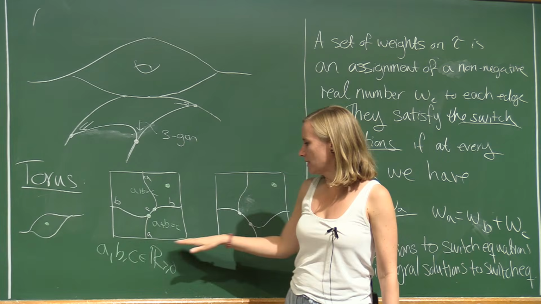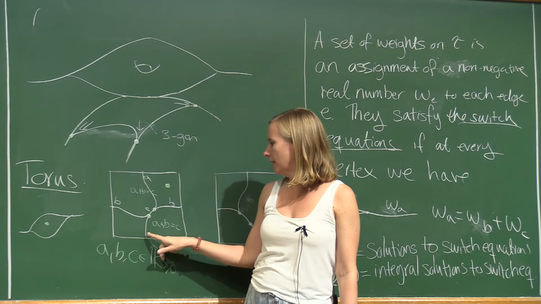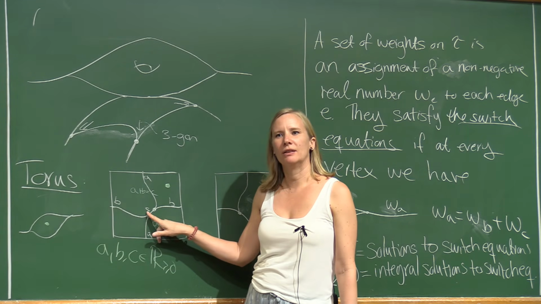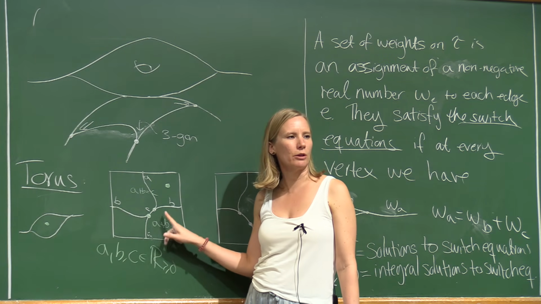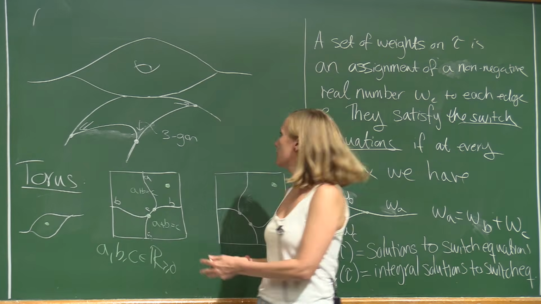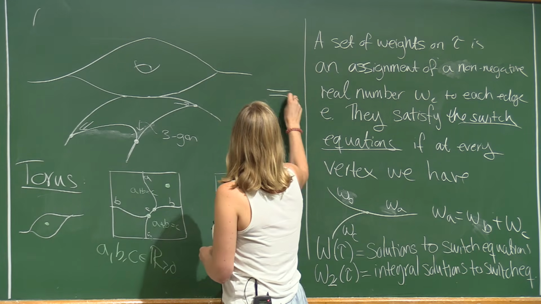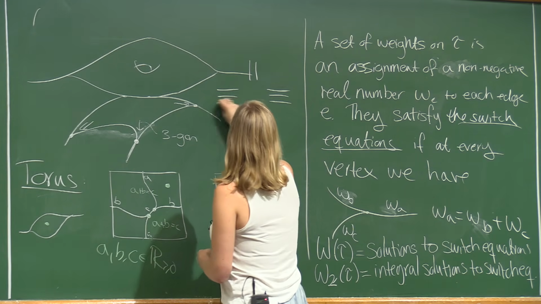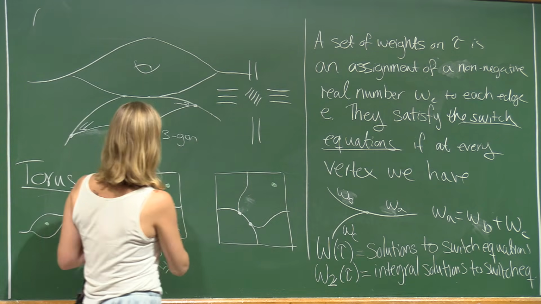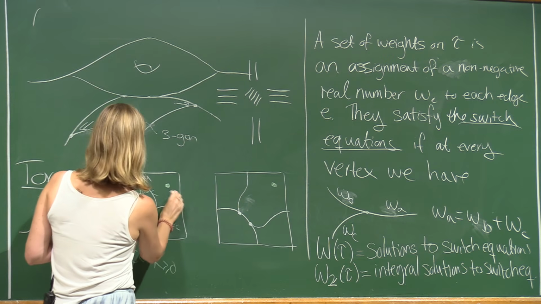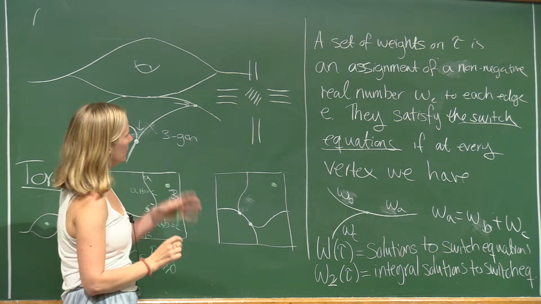But really, if these are all integers, suppose it's maybe 2 and 3 and 5. What it's going to mean is wherever you see a 2, draw 2 strands. Where you see a 3, draw 3 strands. So maybe like 3, 2, and 5. Looks like this.